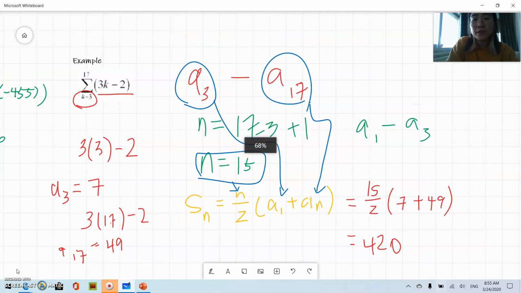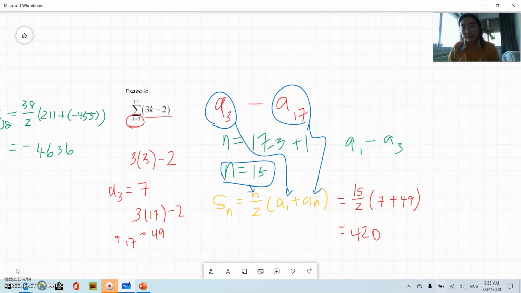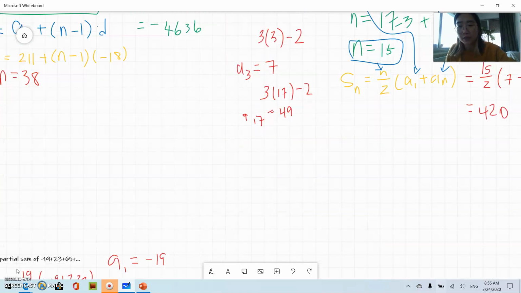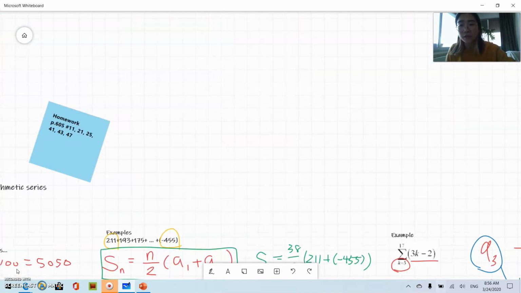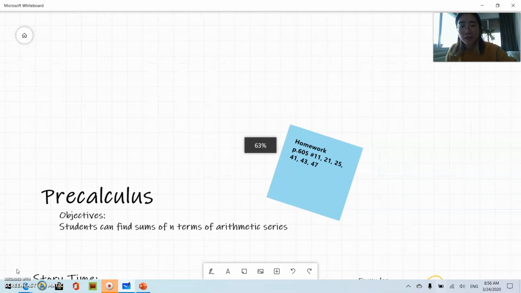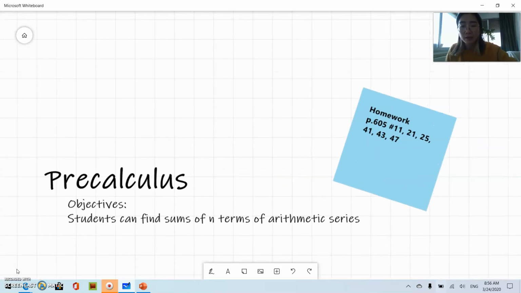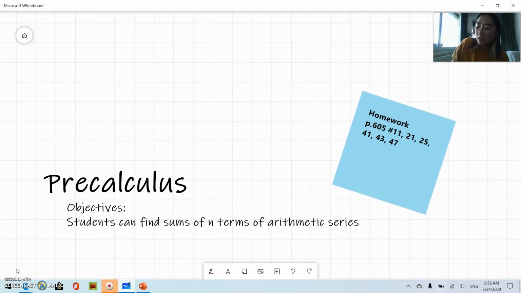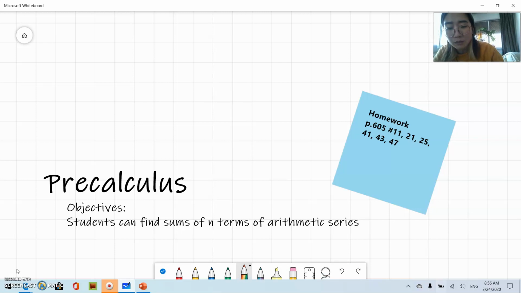All right, so I think this is all the kinds of examples that you will encounter when you do your textbook homework for today. And your homework assignment is right here. So I tried to pick out all the examples that you might see, but simply if you remember the two formulas, then you'll be good. So let me rewrite. One is finding the nth term.